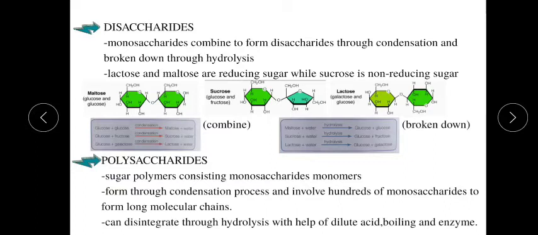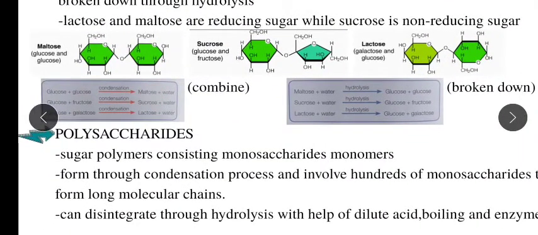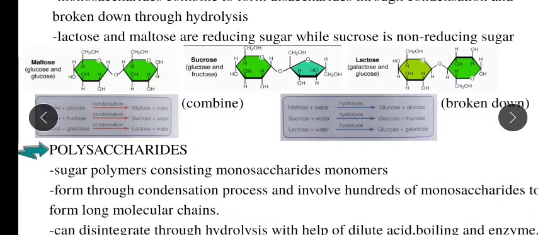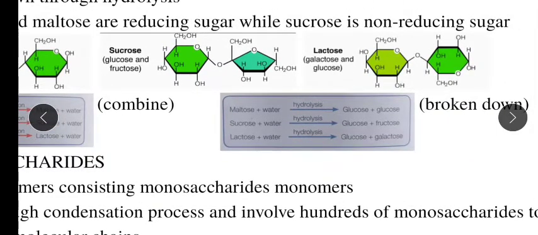There are three types of disaccharides: maltose, which is the combination of glucose and glucose through condensation; sucrose, which is the combination of glucose and fructose; and lactose, which is the combination of galactose and glucose.